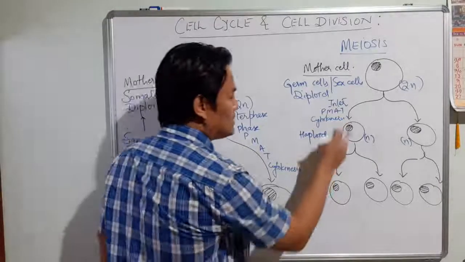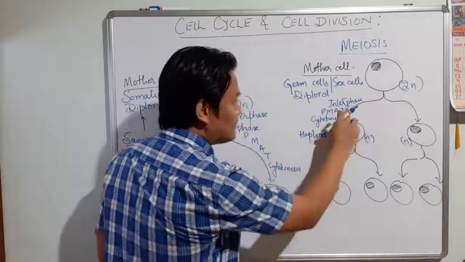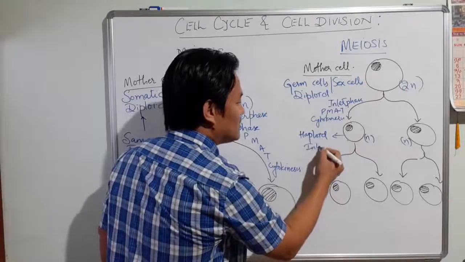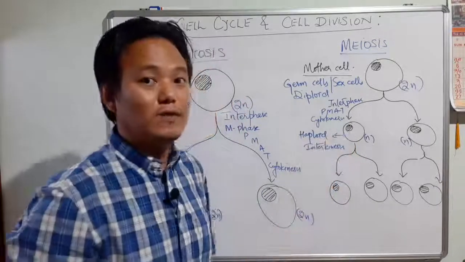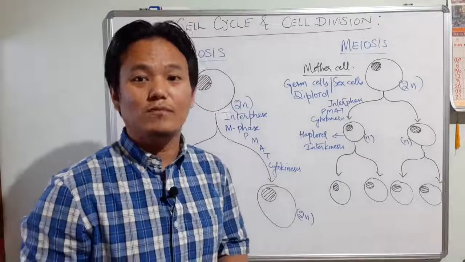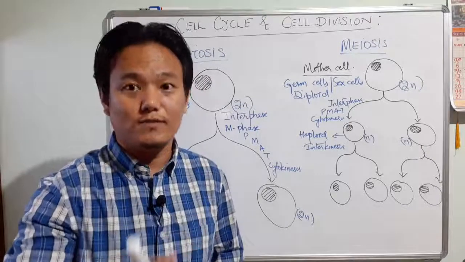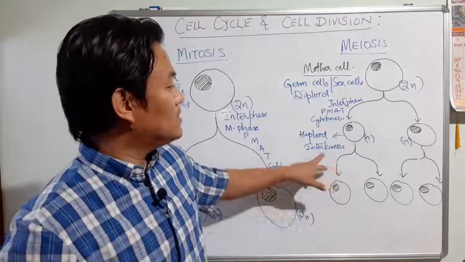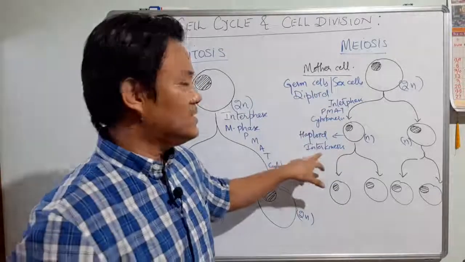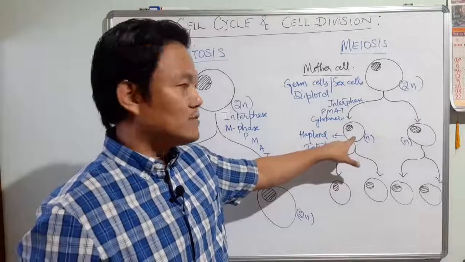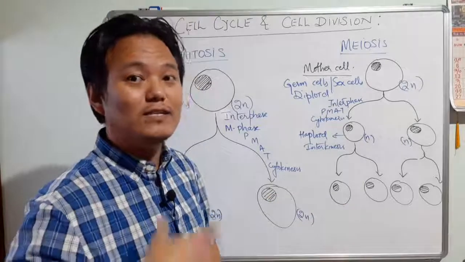After a brief interkinesis, which is like interphase but without the G1, S and G2 steps, a resting phase. The cell stays in interkinesis for a short duration, and after that immediately it starts dividing.